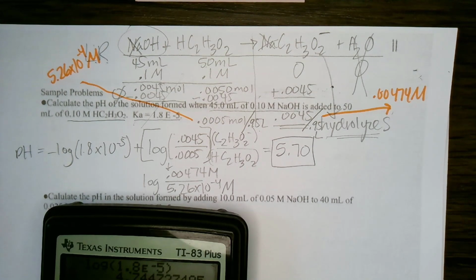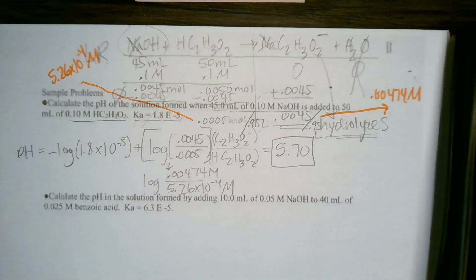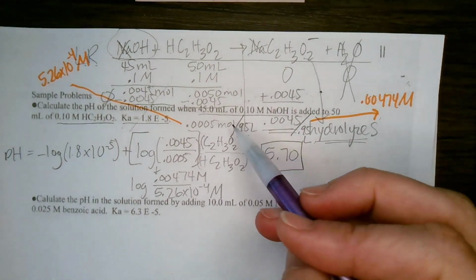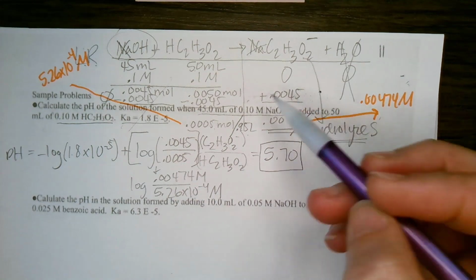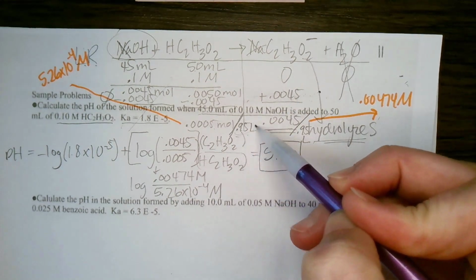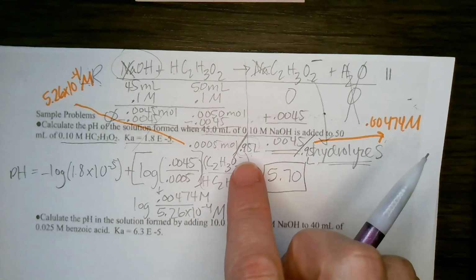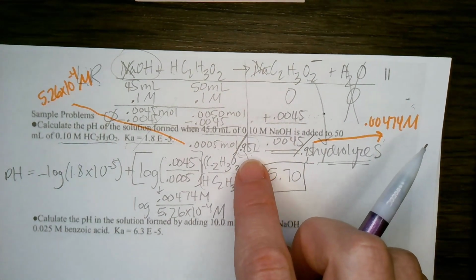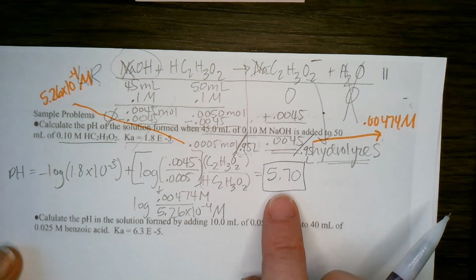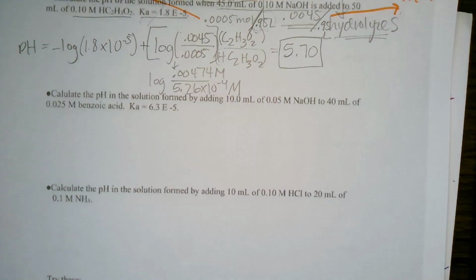And we get 5.70. So you can either use that mole to mole ratio, or we can do it divided by that total volume that we were given, 50 plus 45, so 0.95 liters. Either one of those works, but we get a pH of 5.70.